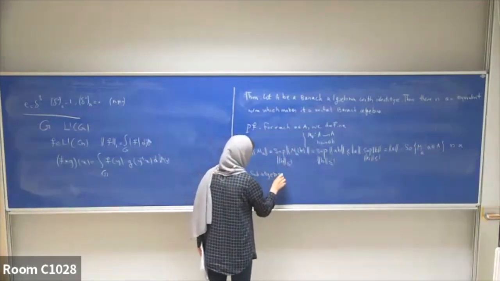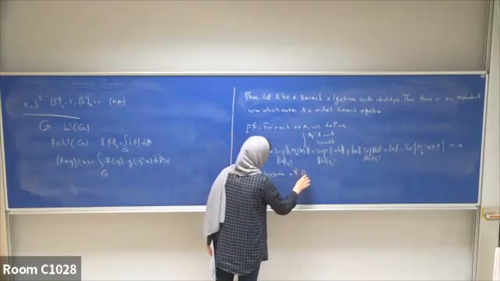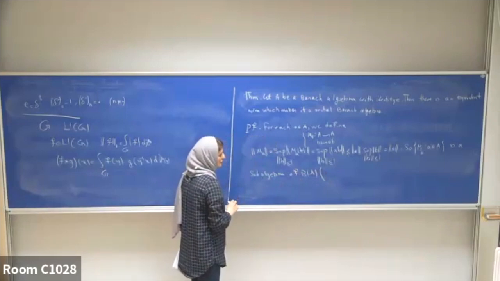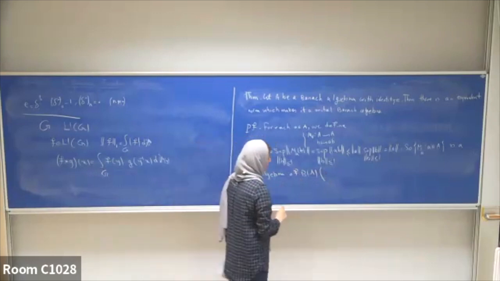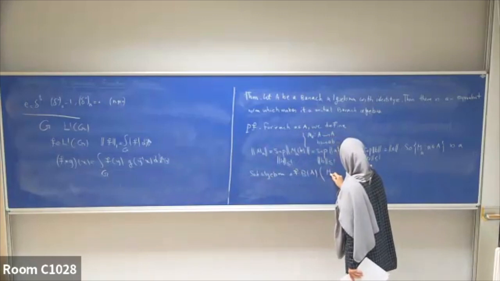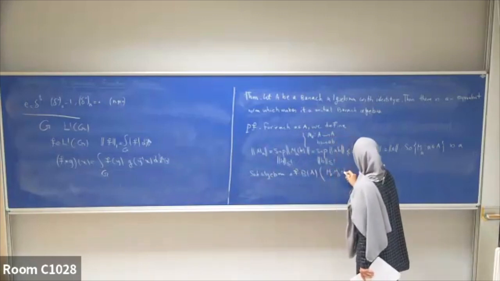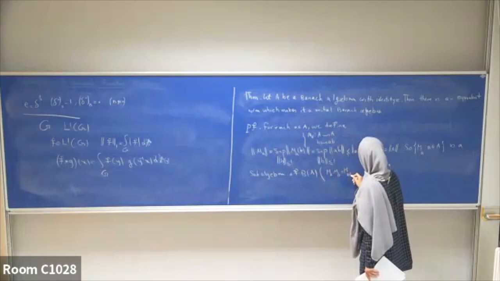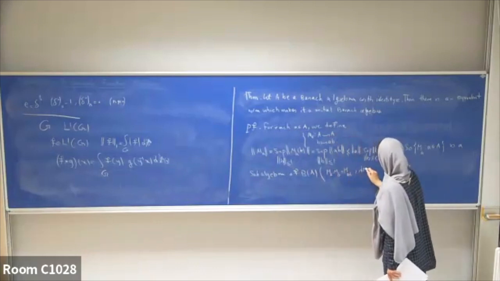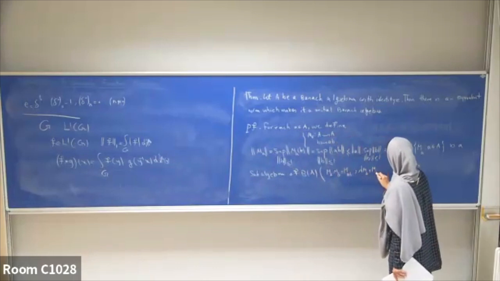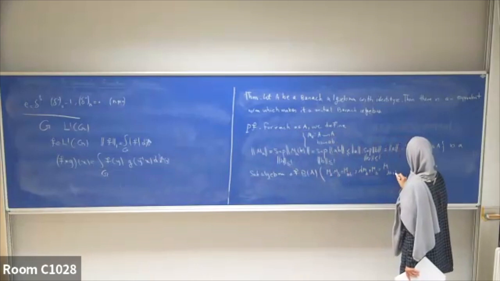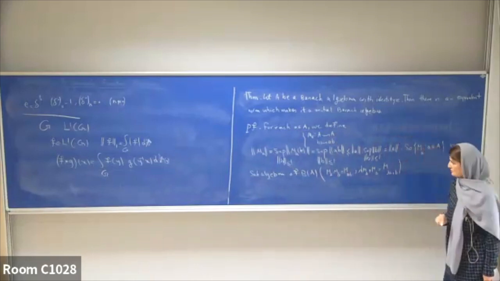Subalgebra of B of A, I mean the bounded or the continuous linear operators acting on A, because it's easy to check that, for example, M of A times M of B is equal to M of AB, and lambda M of A plus M of B is equal to M of lambda A plus B. So it's a subalgebra.